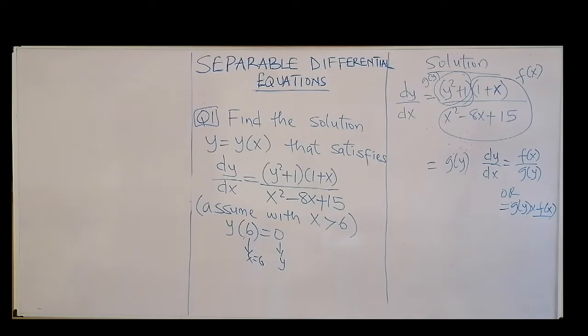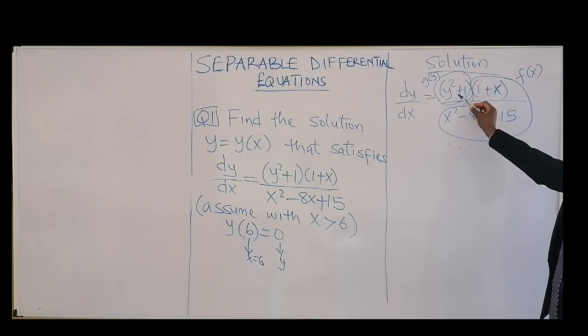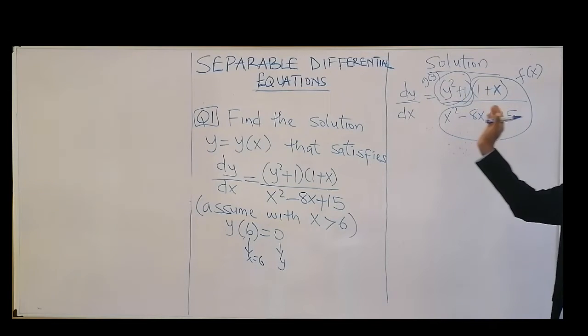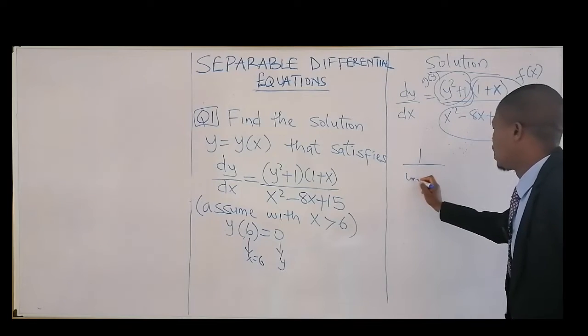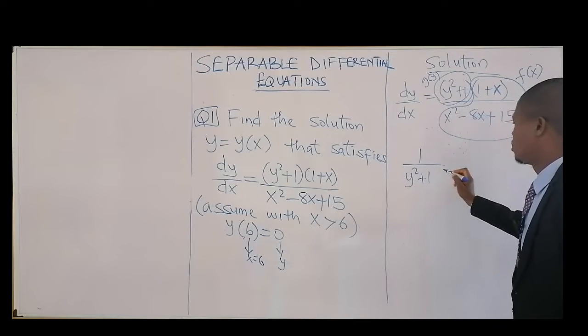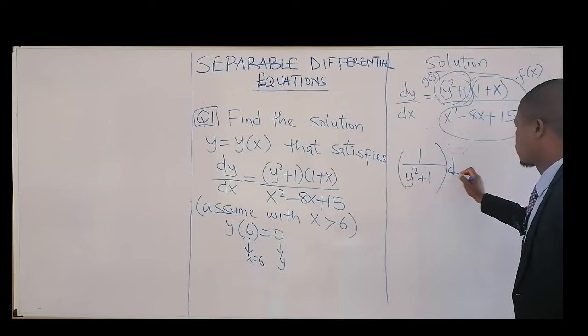In this case now, your f of x is a fraction. Okay? This y squared plus 1, we can take it out from that place. How do we remove it from here? It's just by dividing both sides of the equation by y squared plus 1. By so doing, it will leave this place. So we now have 1 over y squared plus 1, close the bracket, dy.